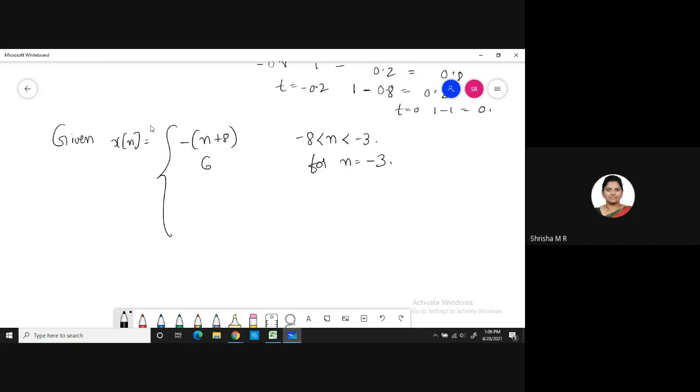And you have minus 6 for minus 3 less than n less than 0. And you have the amplitude n between minus 1 less than n less than 7. And you have 0 otherwise.